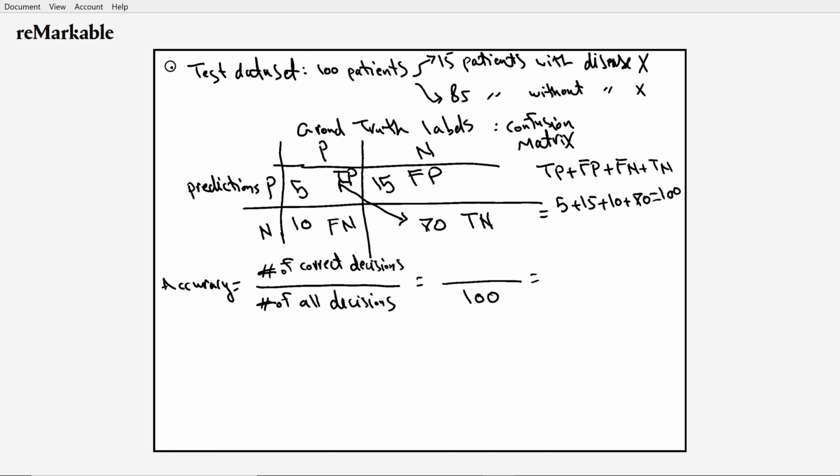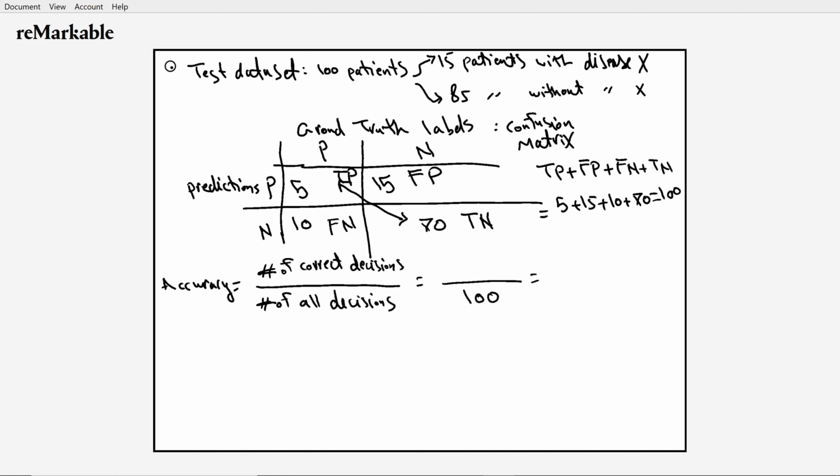Similarly, if your prediction doesn't match the ground truth label, that means your model made a mistake. Depending on whether the reality was true but you predicted false, or the reality was false but you predicted true, you place that decision in one of the 2 error boxes, the false positive or false negative box.